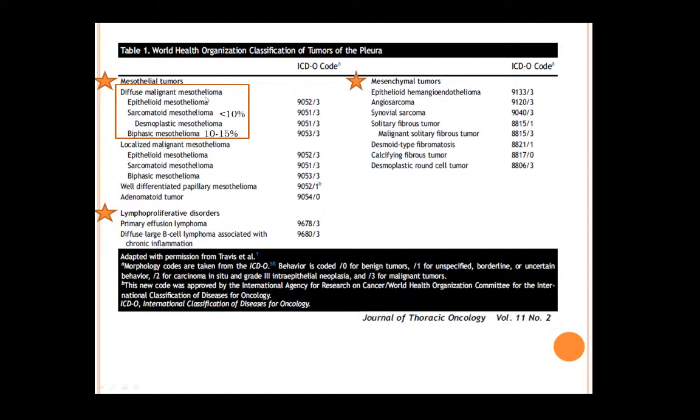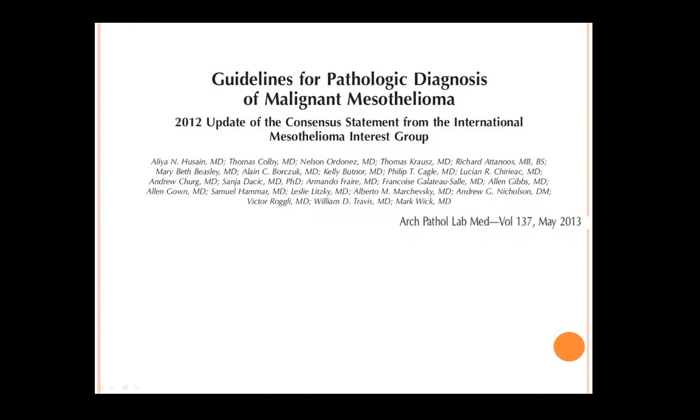Diffuse malignant mesotheliomas are divided into three subtypes including epithelioid mesothelioma, sarcomatoid mesothelioma, and biphasic mesothelioma. Epithelioid mesotheliomas are the most common type. Sarcomatoid and biphasic represent about 10 to 15% of the cases.